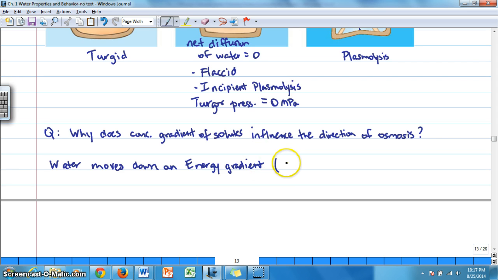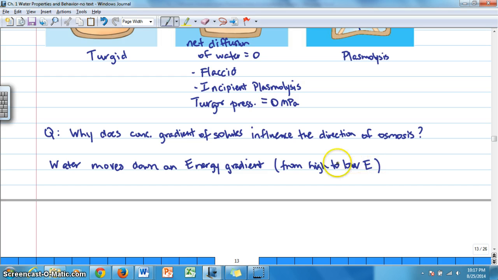So that energy gradient is from a region of high energy to a region of low energy.